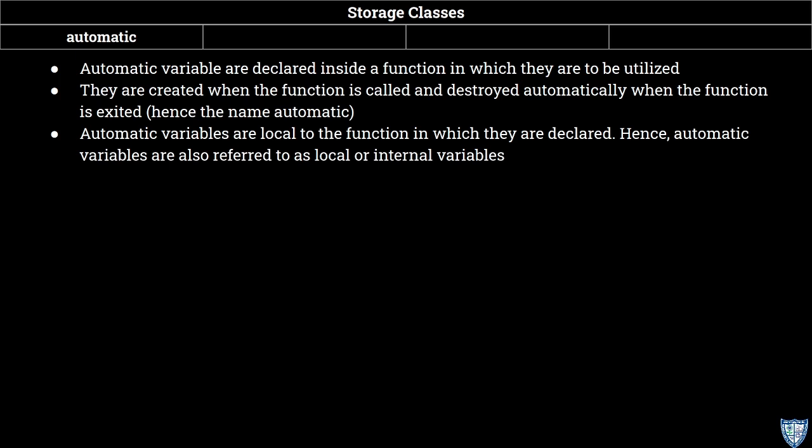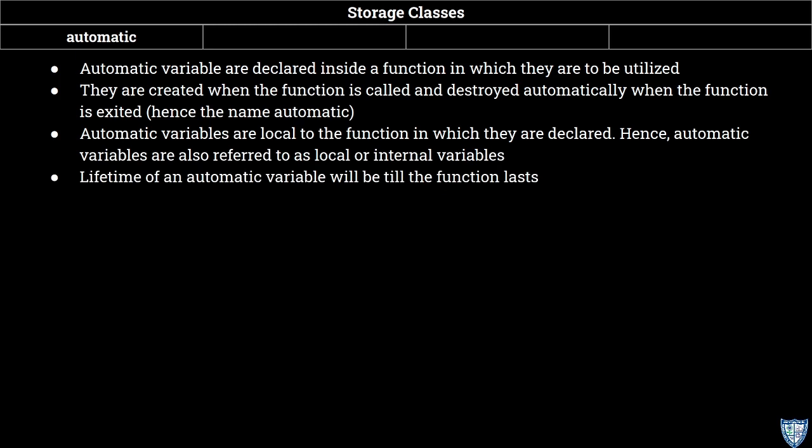Or else you can say the scope of the automatic variables is local to the function in which they are declared. Hence automatic variables are also known as local or internal variables. So the scope is inside the function.